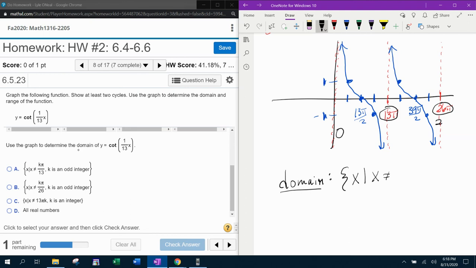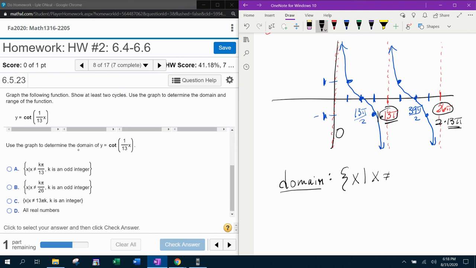Notice that 26 is 2 times 13. And 13 pi is 1 times 13. So it looks like we're at integer multiples of 13 pi. Unlike the previous problem, number 7 from the homework, these asymptotes are occurring at every integer multiple of 13 pi.